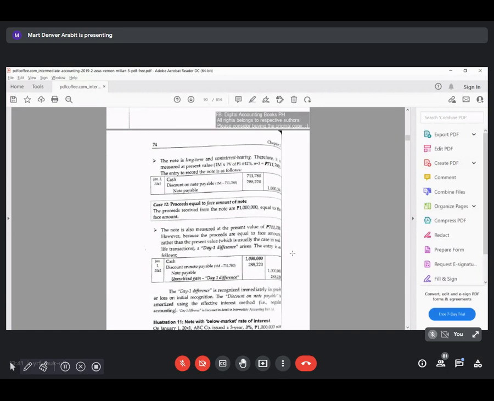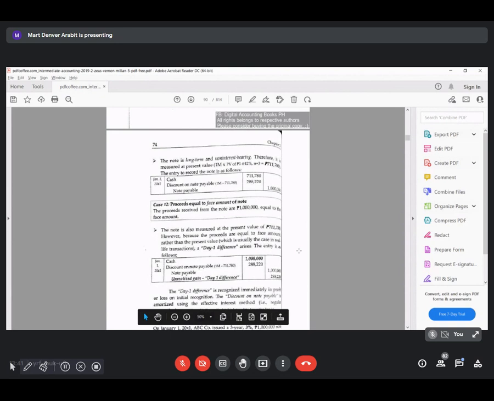So the entry is as follows. Cash is 1 million and discount on note payable is 288 and note payable is 1 million. Then the unrealized gain on day one difference is 288,220.